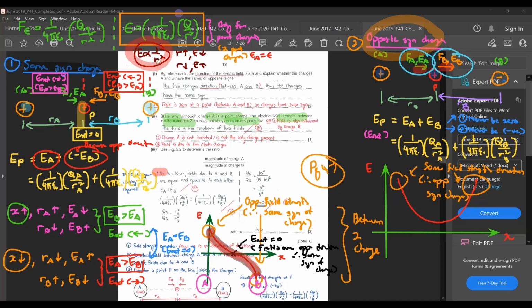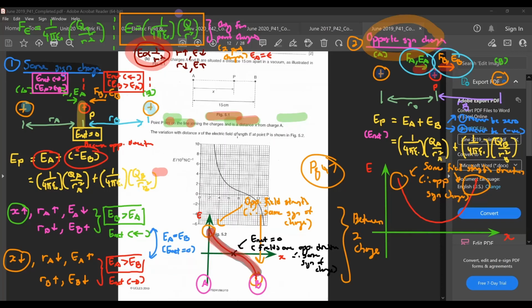E is inversely proportional to R squared. They say right now, charge A is already stated to be a point charge. Why is it that between 3 to 7 centimeter, you do not obey an inverse square law? Meaning to say from here to here, why doesn't it obey an inverse square law? Why does the graph shape look like this?